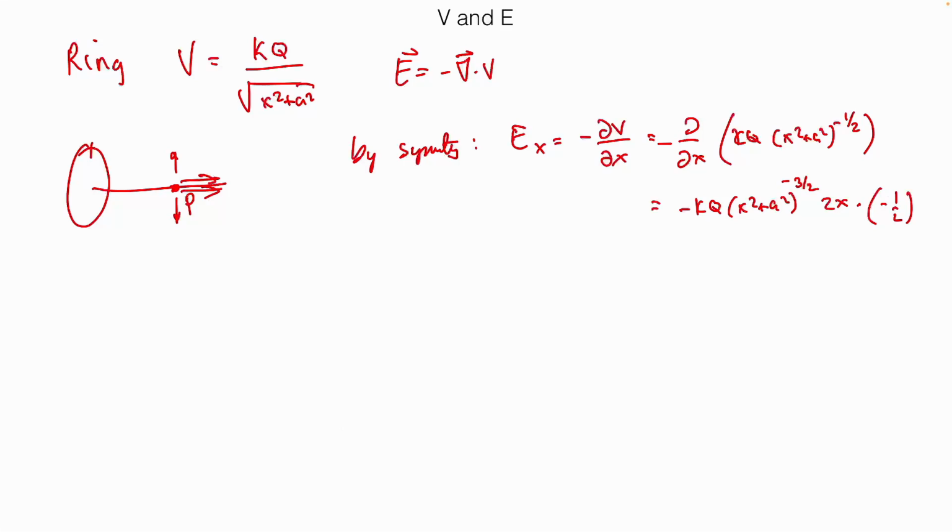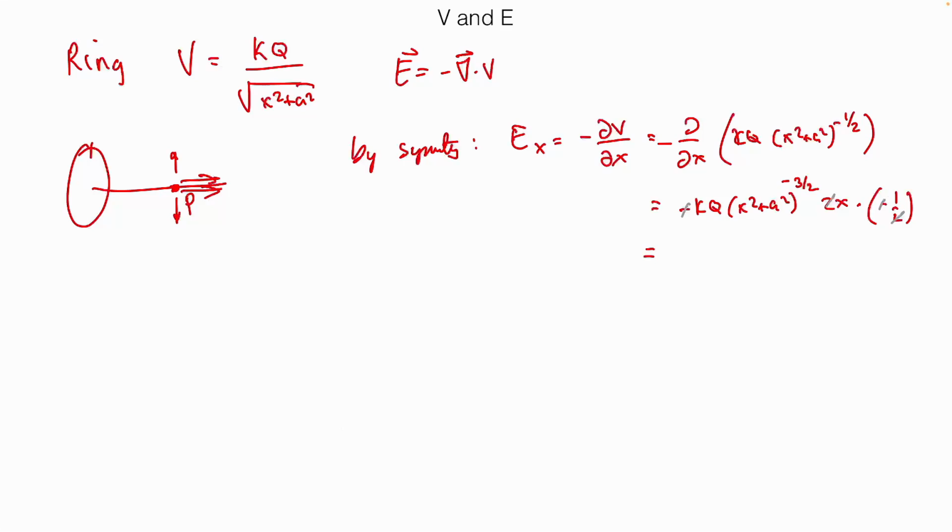Okay, got it. So the negative signs cancel. The 2's cancel. The positive signs cancel.